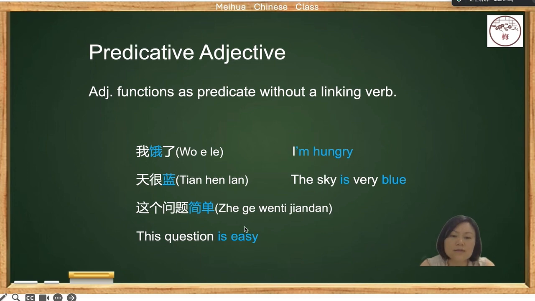Is easy. This phrase is functioning as the predicate in a sentence. But in Chinese, the adjective itself, without any linking verb, functions as the predicate. This is a very different rule. Everyone should remember, keep it in mind when you learn Chinese.